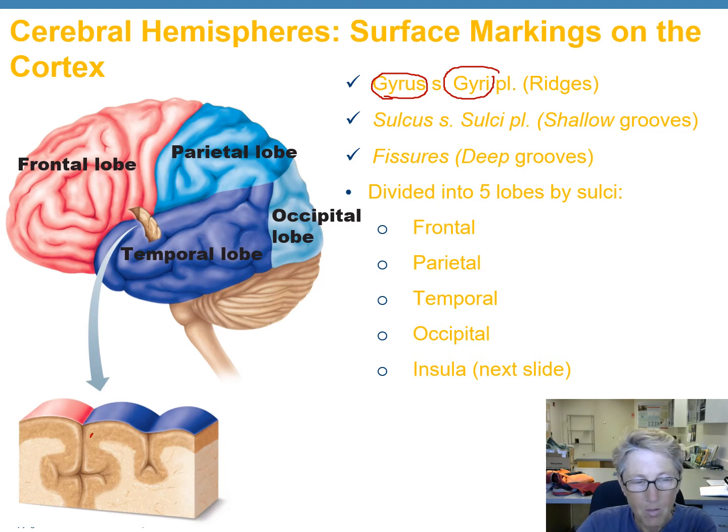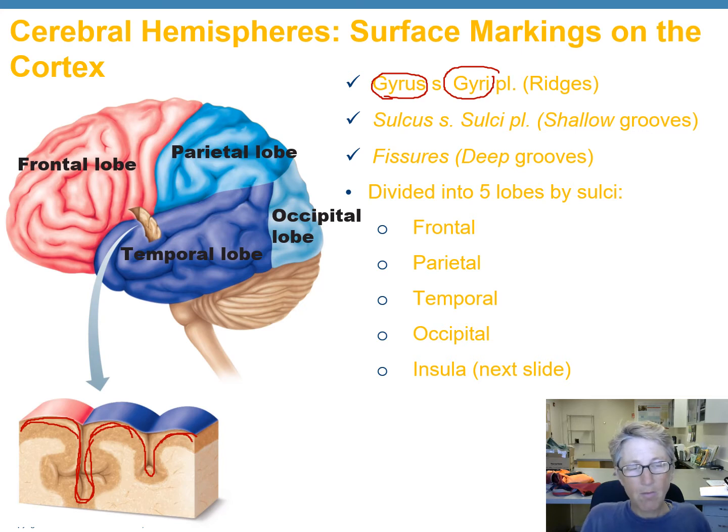So this part that acts as a ridge would be a gyrus, and when you dive down into this shallow groove, that would be a sulcus. So the brain is composed of gyri, and when you dive in, that's sulci, and when you come up on a ridge again, that's gyri.